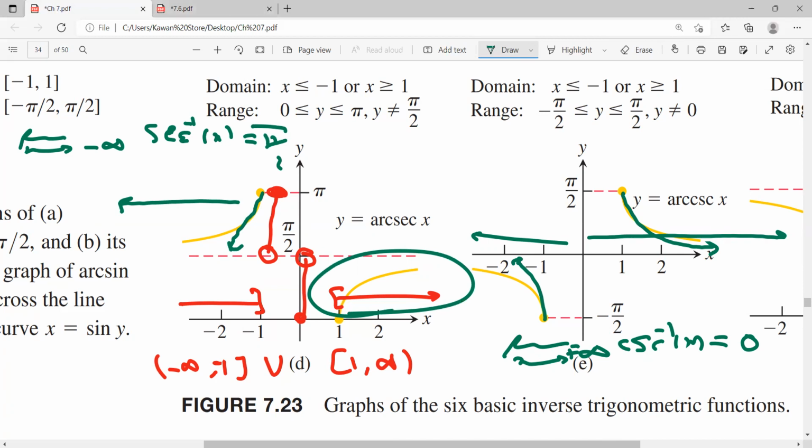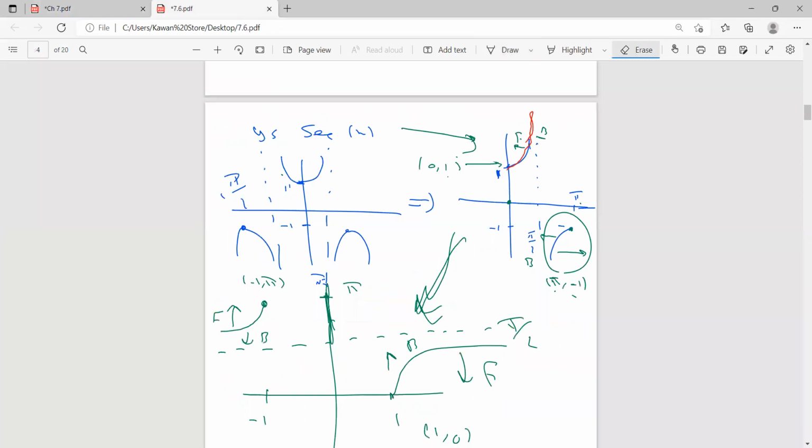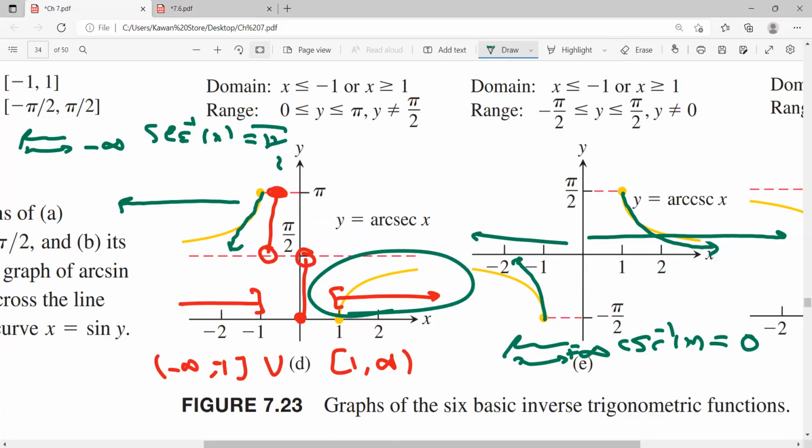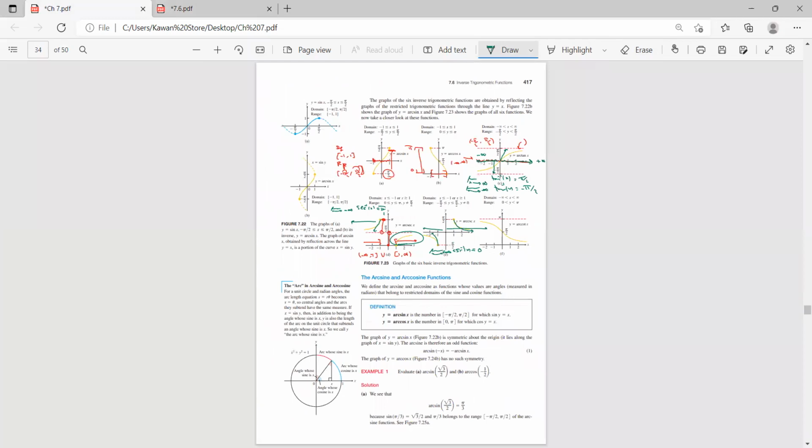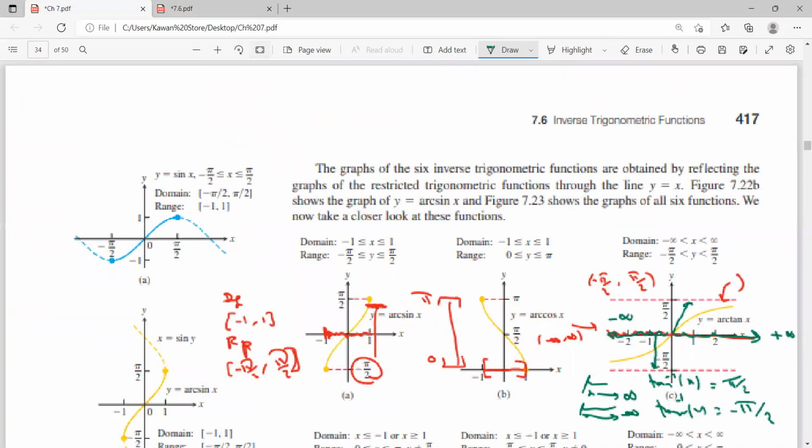So that's all about the graph, domain and range. Do you have any questions? Feeling good? Good. Before the rest, I'll give you two things.